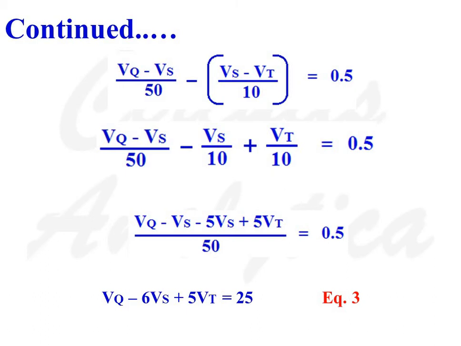Opening the brackets, we will get (Vq minus Vs) divided by 50 minus Vs by 10 plus Vt by 10 is equal to 0.5. Taking LCM as 50, (Vq minus Vs minus 5Vs plus 5Vt) divided by 50 is equal to 0.5. Rearranging the terms, we will get Vq minus 6Vs plus 5Vt is equal to 25, equation number 3.